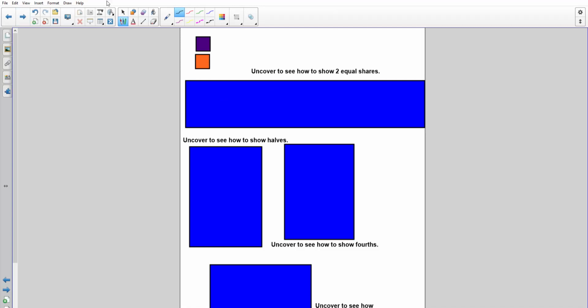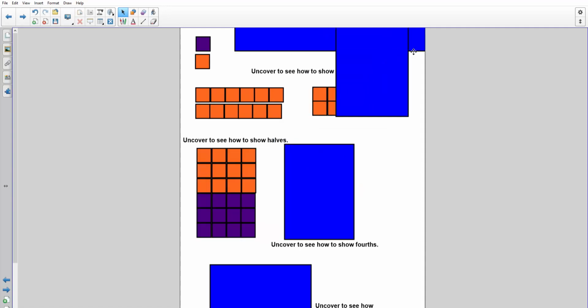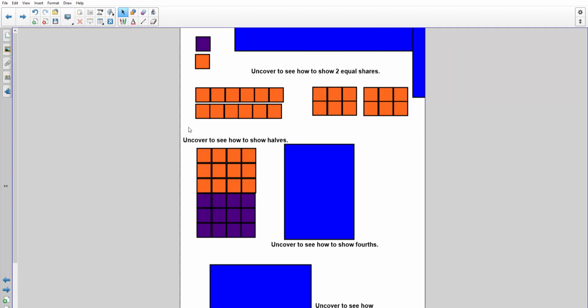Well, let's take a look and understand a little bit more about 2 equal shares, also known as halves. So, friends, if you look at what we had from the other page, we had 2 different ways using the same squares to show 2 equal shares. Let's check out this one. Is this share the same as this share?